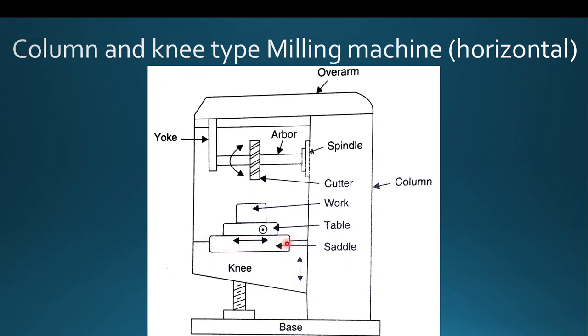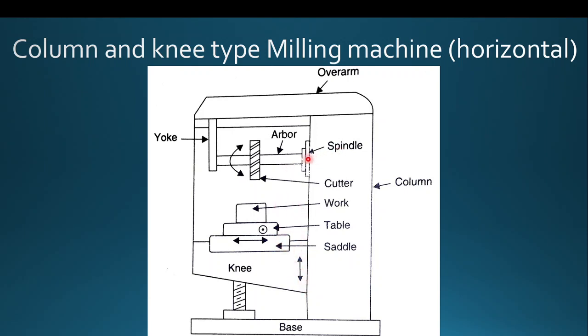Saddle is also a metallic frame which is holding the table of the milling machine. Above the table, by using the work holding devices, we clamp the workpiece, and the table is able to move in horizontal direction by the movement of the saddle, and the table can be moved in vertical direction by the movement of the knee.